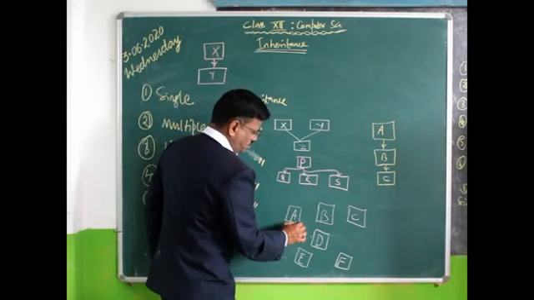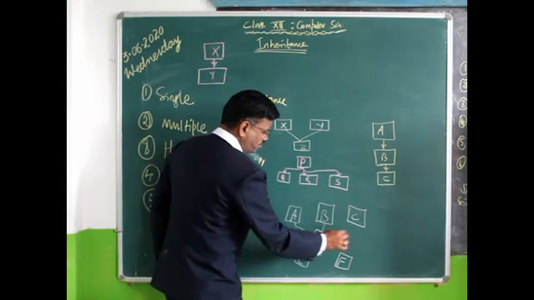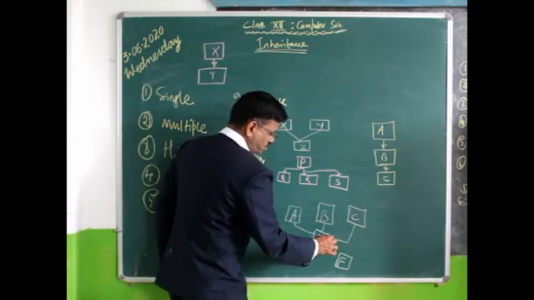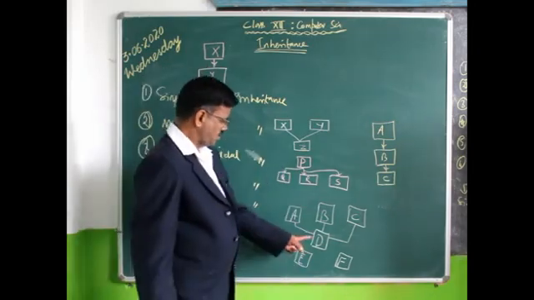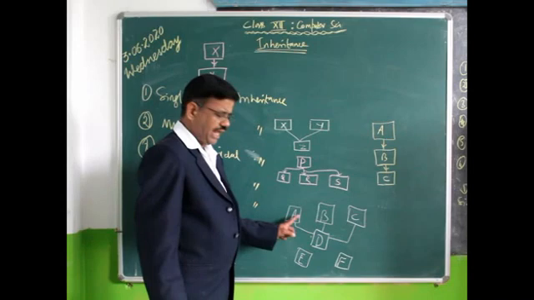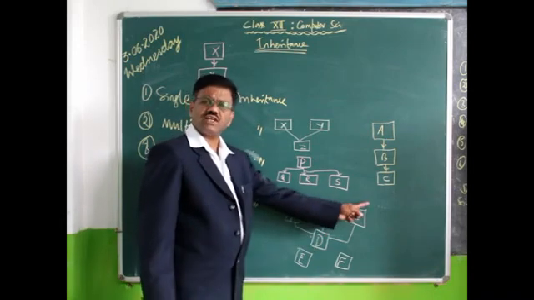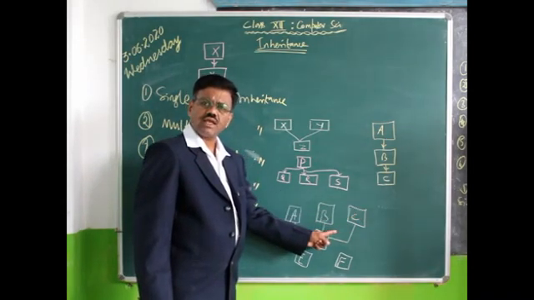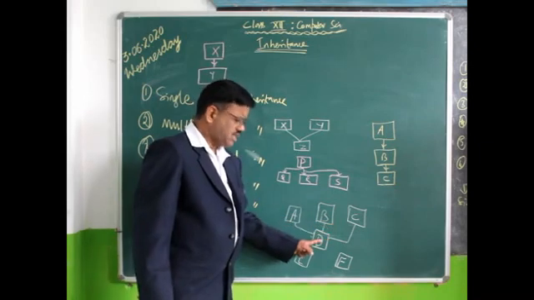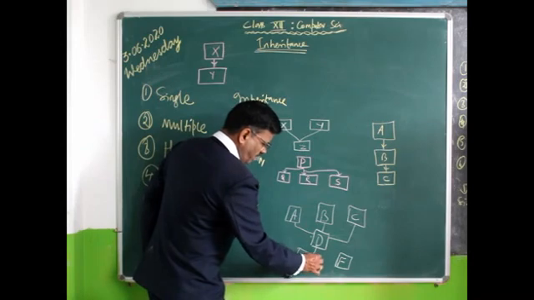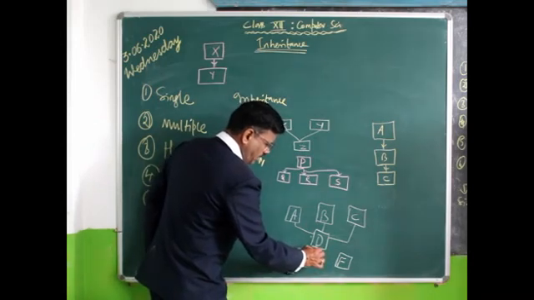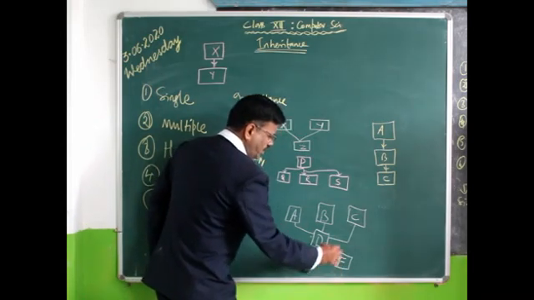D is a subclass which receives from here. Right? D is a subclass which can receive from A, from B, from C. Similarly, D can give it to whom? E and F. Right?